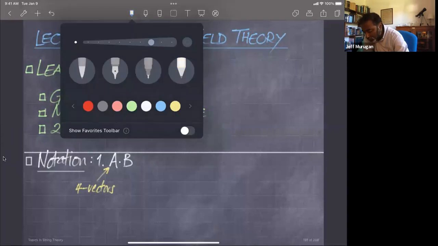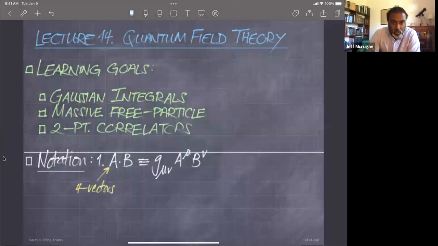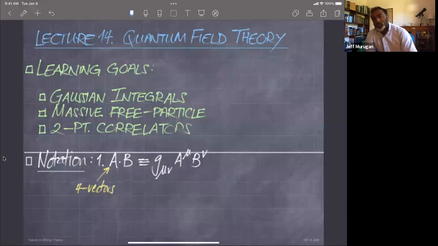Then we define the inner product between the 2 vectors as g_{μν} A^μ B^ν, where g_{μν} is a diagonal metric. It's a diagonal matrix, which will consist of a +1 in the 0,0 position, and then -1s down the diagonal from 1,1, 2,2, 3,3.